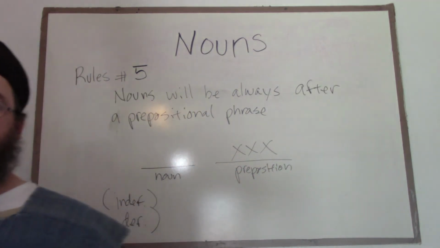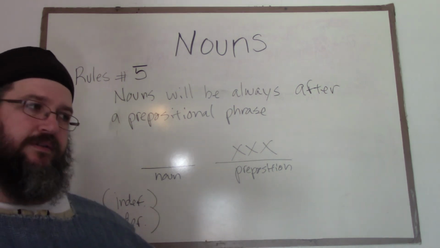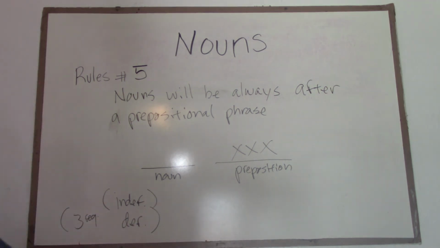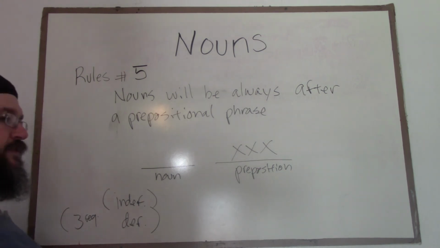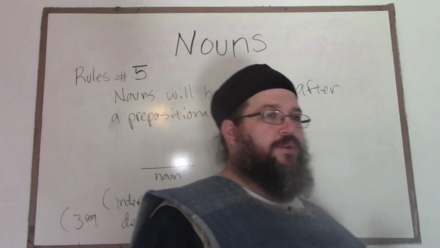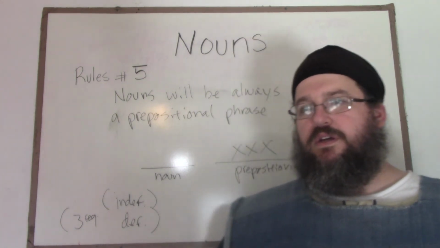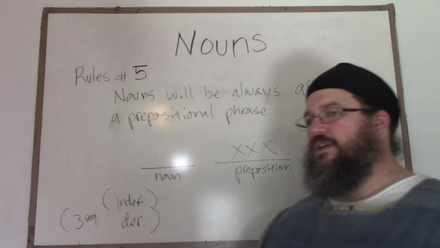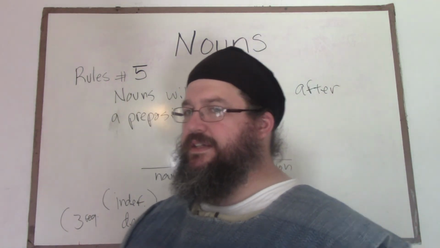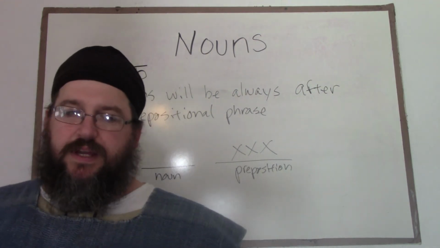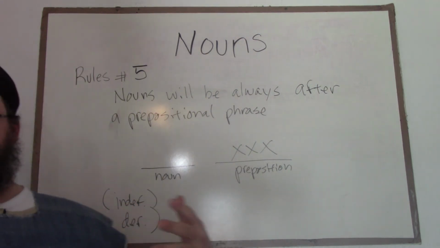Countries are obviously going to be proper nouns. Names of people are obviously going to be proper nouns. So that means the rest of the nouns that we have in Hebrew are called indefinite. The indefinite article that we use in English doesn't exist in Hebrew. So nouns in themselves are just indefinite by nature.